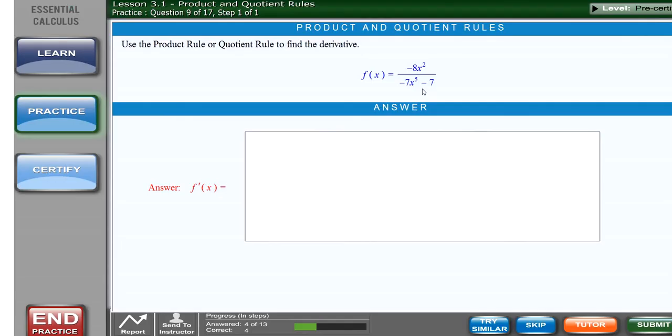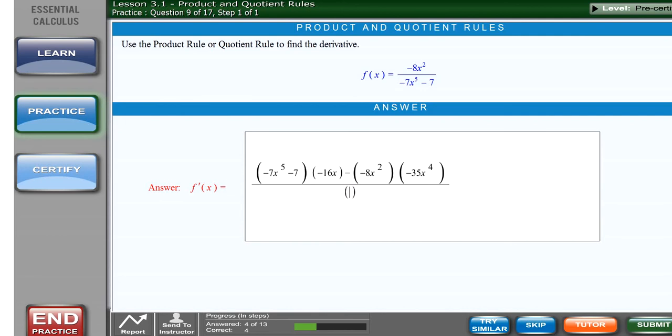So I'll show you over here on Hawks. We had low, which was negative 7x to the fifth minus 7 times d high, which was negative 16x, minus high, which was negative 8x squared, times d low, which was negative 35x to the fourth, all over low squared.